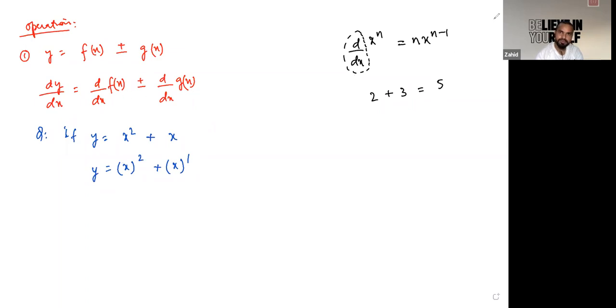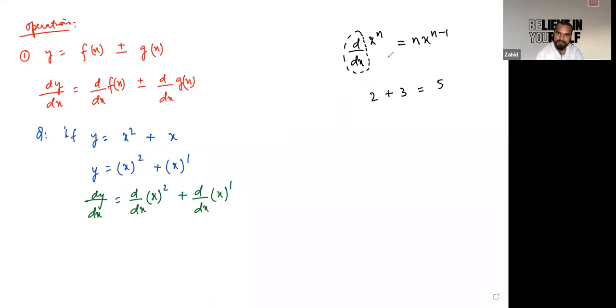Now apply this rule. Differentiate each term individually with a plus sign in between. So it will be d over dx, differentiation of the first part, x raised to 2, plus differentiation of the second part, x raised to 1.